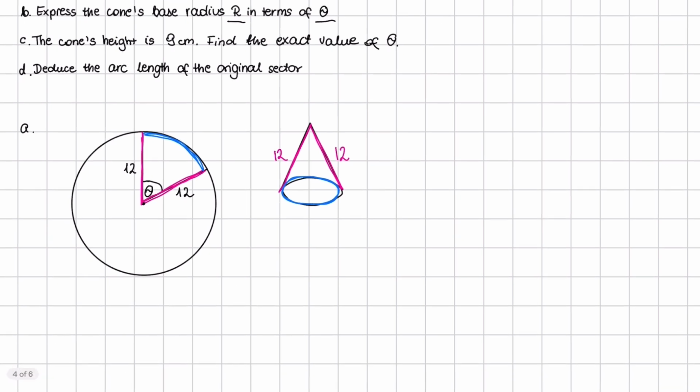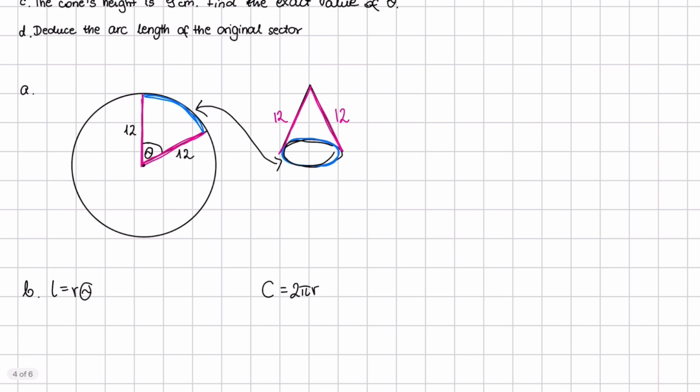So firstly, because we know that this and this they are the same, their length is the same. So length of an arc, we have formula for it, r times theta. And here we have a formula for the circumference of a circle, so it's just 2 pi r.